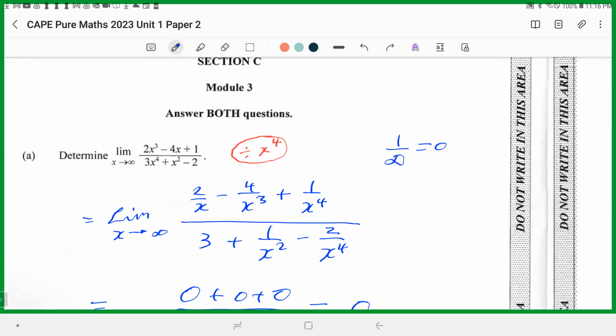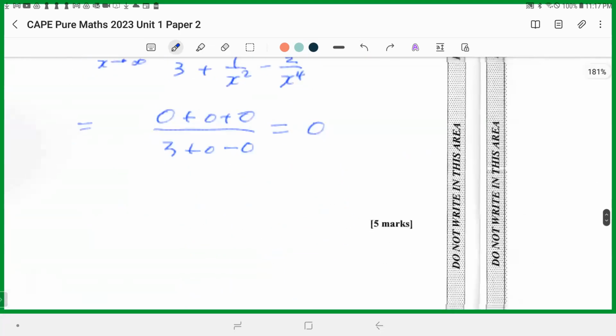Dividing by x to the fourth, this becomes 2 over x, this becomes minus 4 over x cubed, this becomes 1 over x cubed. Each of these becomes 0 when you put infinity in: it's divided by an extremely large number. Anyway, the answer is 0.